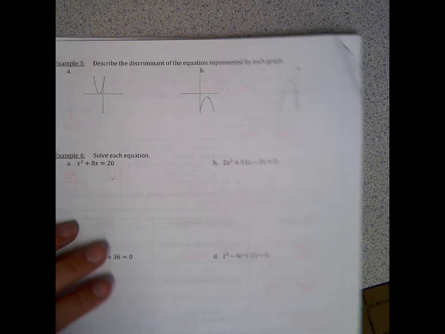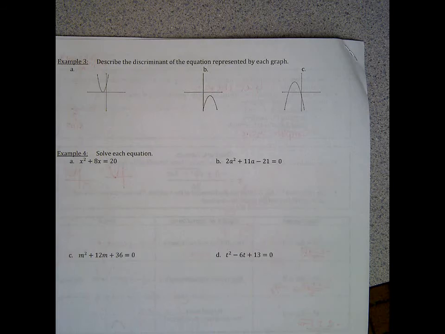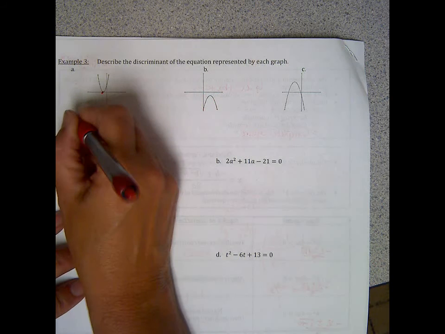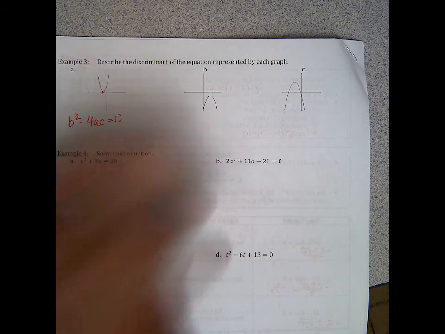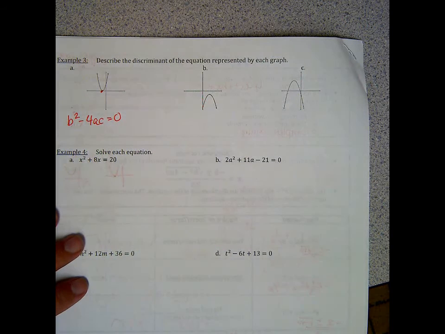All right, moving on. Describe the discriminant of the equation represented in the graph. So what do we know about a discriminant if there's only one x-intercept? We know that that discriminant, b squared minus 4ac, is equal to 0. Always true if you have only one root.